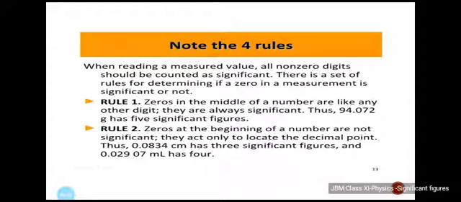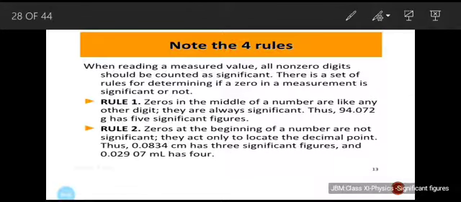For example, suppose the thickness of a glass slide measured using a vernier caliper is 0.23 centimeter. When the same thickness is measured using one more instrument, a spherometer, we may obtain the thickness as 0.237 centimeter.